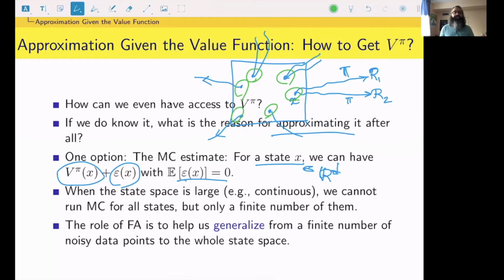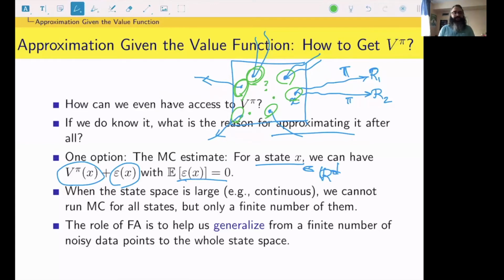Now, this is one of the other roles of function approximation: it helps us to generalize. Because if we fit a value function to these values that we get here, then this value function approximator can give us an estimate of the value function at any other query point, like here, or here, or here. This is essentially what we do a lot in supervised learning. We only have a finite number of data points, but the hope is that we can generalize over the whole state space.